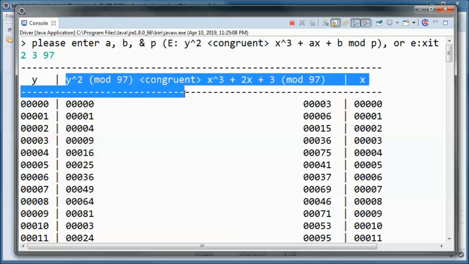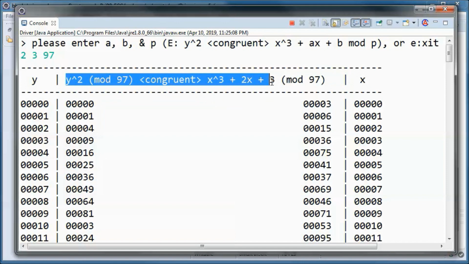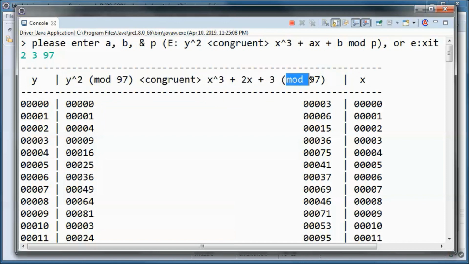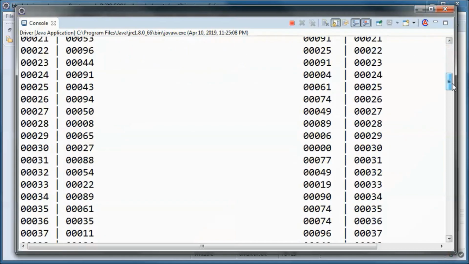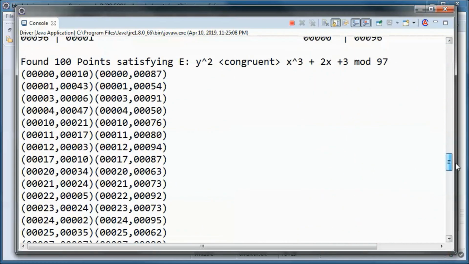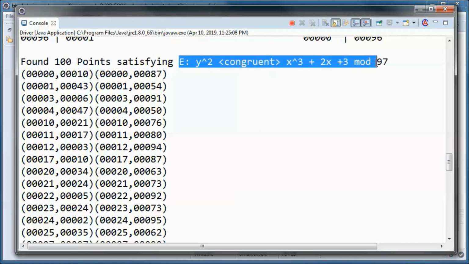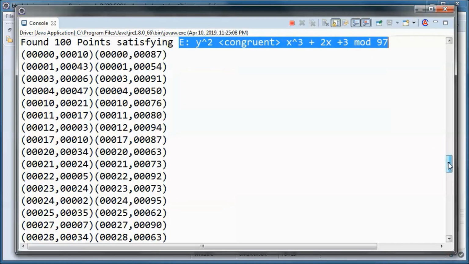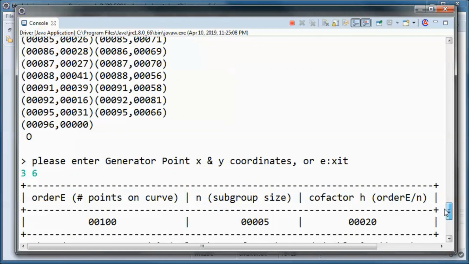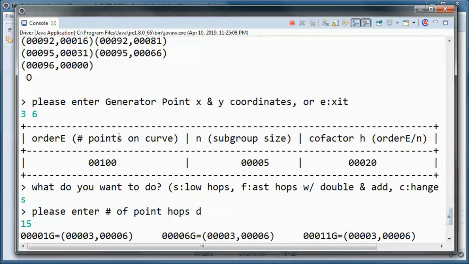Y squared is congruent to x cubed plus 2x plus 3 in mod 97. So we found 100 points satisfying this equation, which means that the order of the elliptic curve is 100.